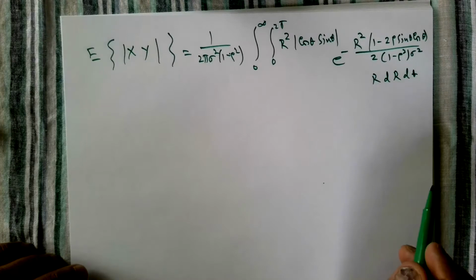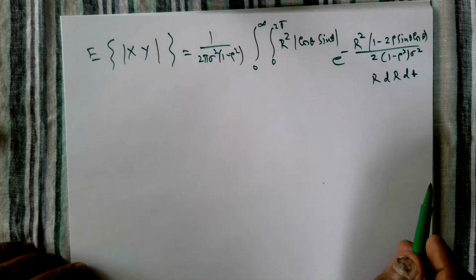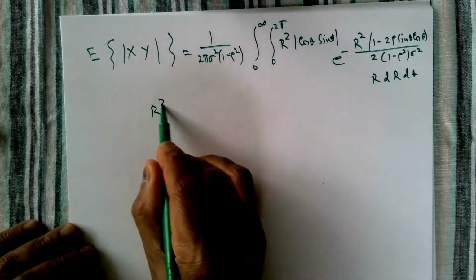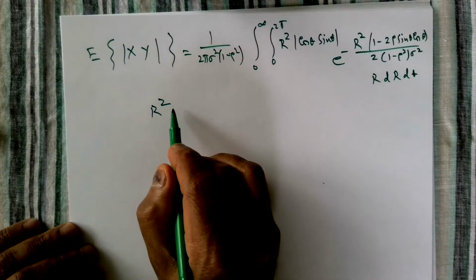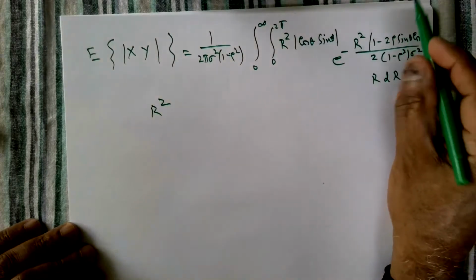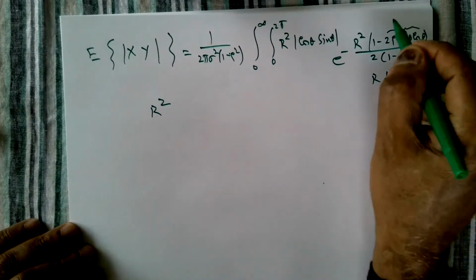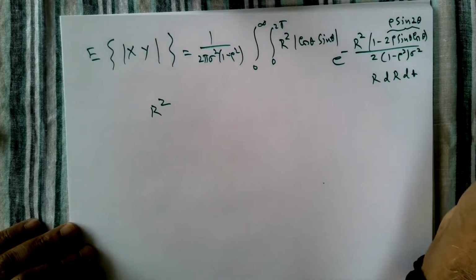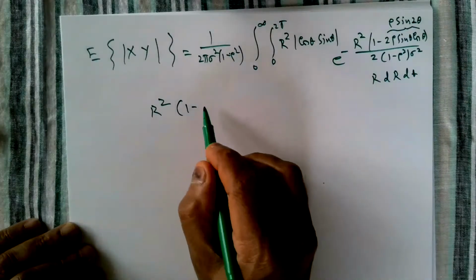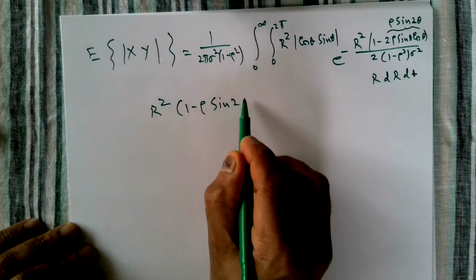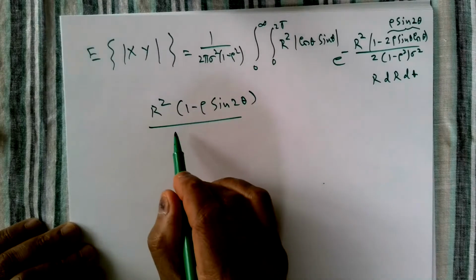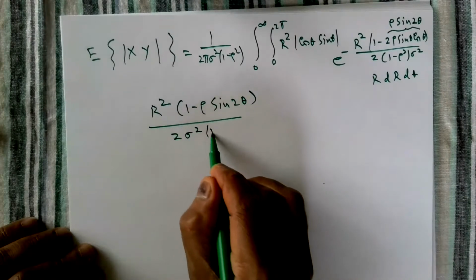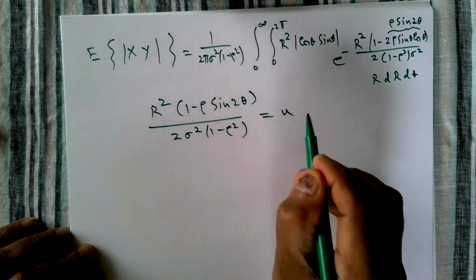To simplify this further, we can call this whole quantity one variable. Notice that this is rho sine 2 theta. So I'm going to call r squared multiplied by 1 minus rho sine 2 theta, divided by 2 sigma squared 1 minus rho squared, to be u.